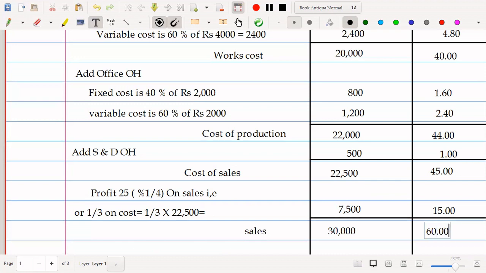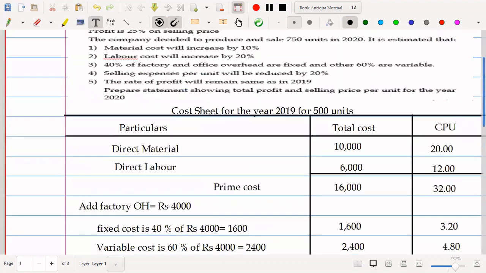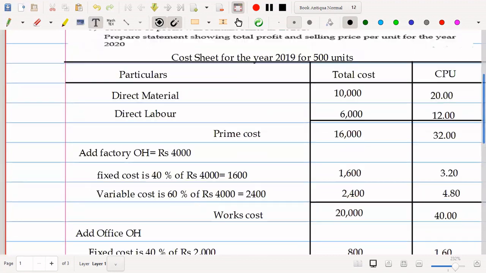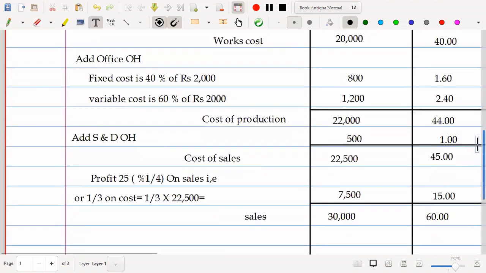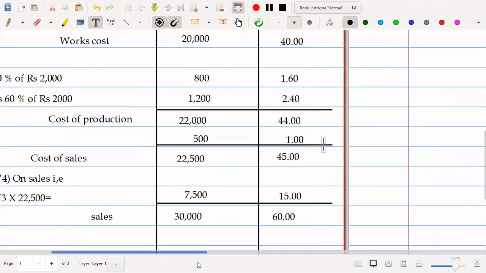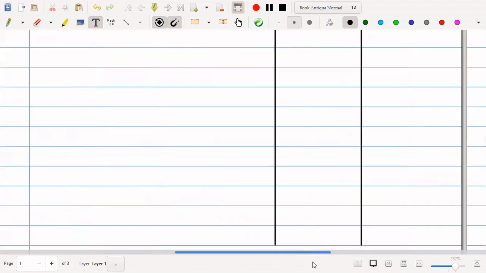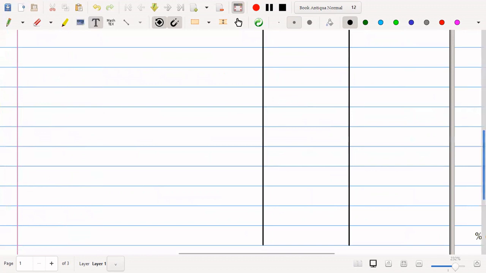So this is a very simple cost sheet. Now let's do the estimated cost sheet. Now we have to keep this as base. So remember this, write it down in the book so that we can compare it.